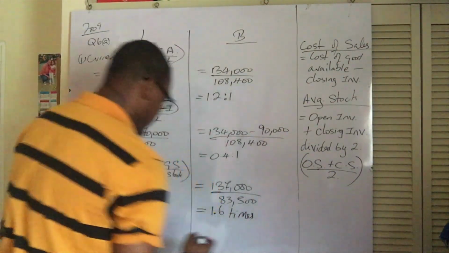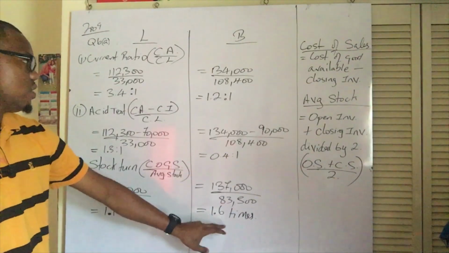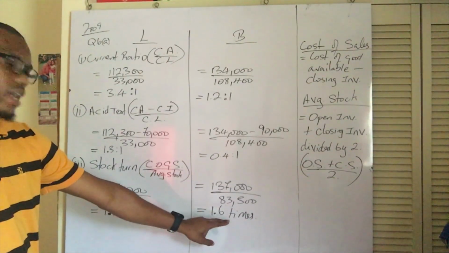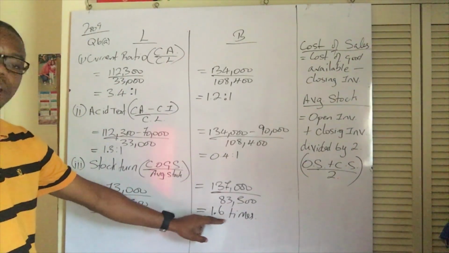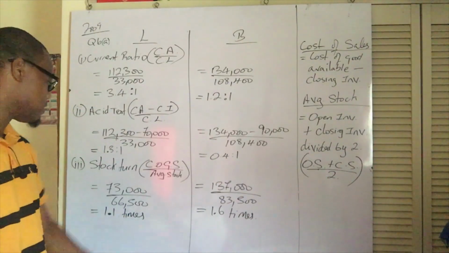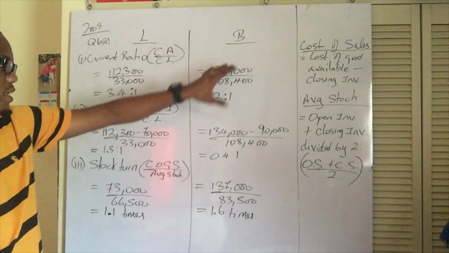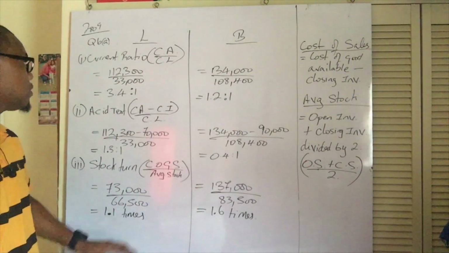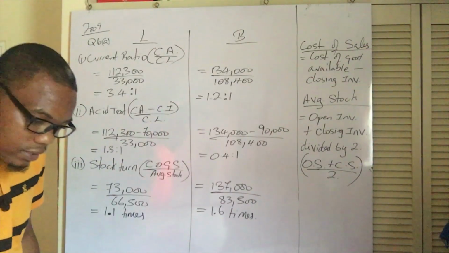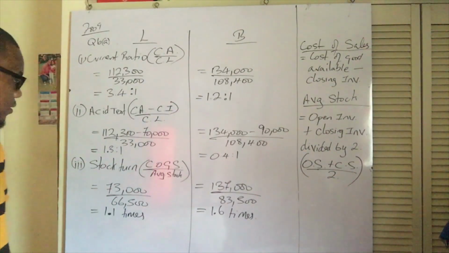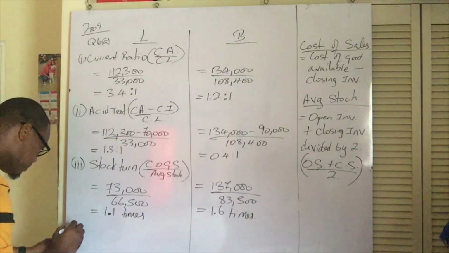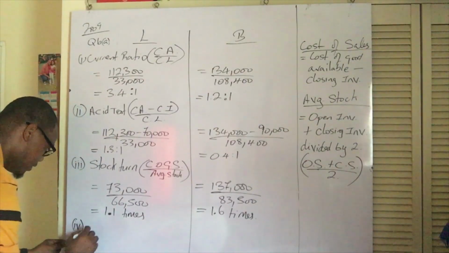So basically, Budai turned over stock 2 times. If you round this off, it will be 2 times. You can round it off or you can let it stay. But what it shows is that Budai is turning over stock faster than Linguini. Then the next thing, the profit margin.